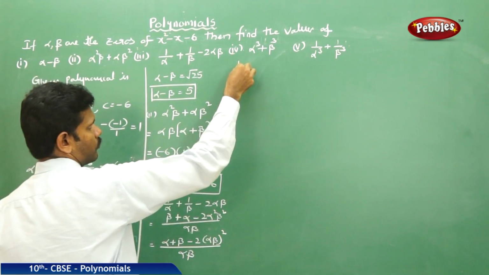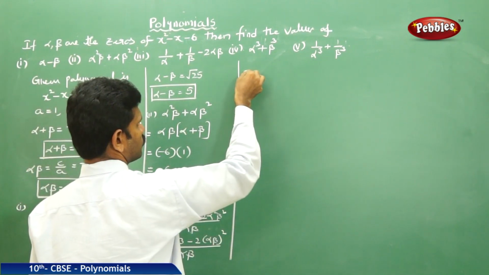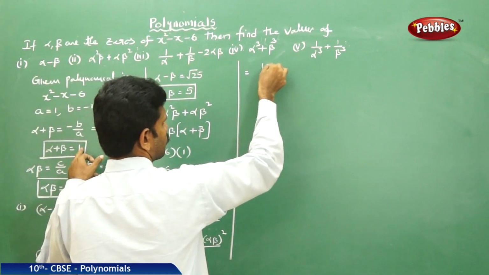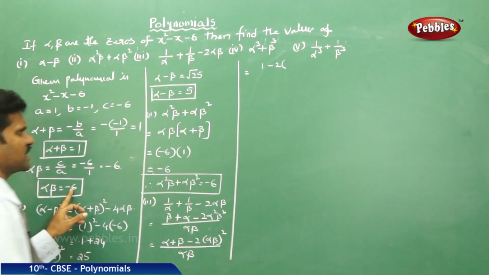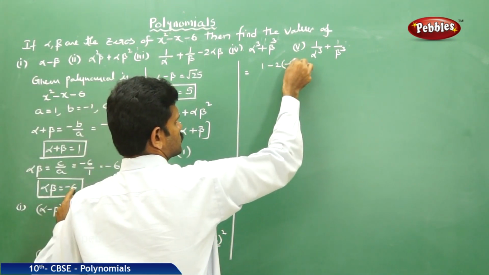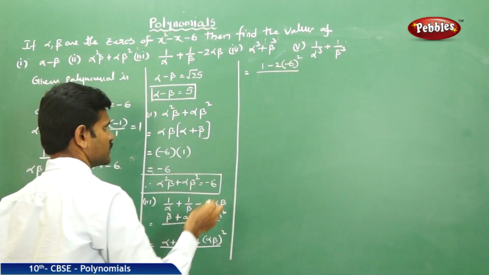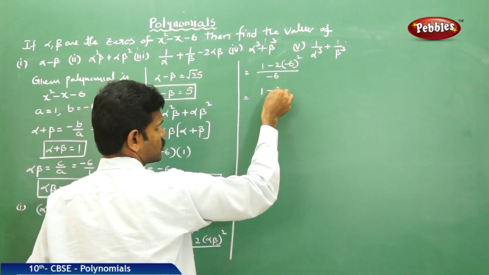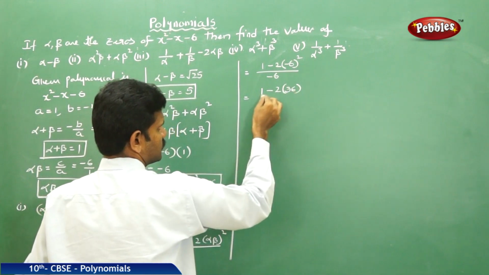Now continue this part. That is equal to alpha plus beta value, you know, that is 1, minus 2 times alpha beta value, which is minus 6, that is (1 minus 2 times minus 6) whole square by alpha beta value, again minus 6. That is equal to 1 minus 2 times 6 square, nothing but 36 by minus 6.